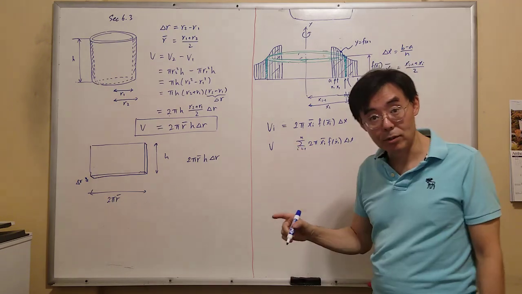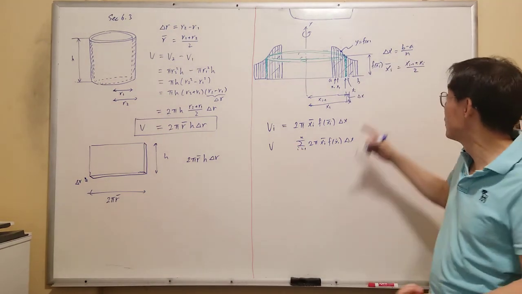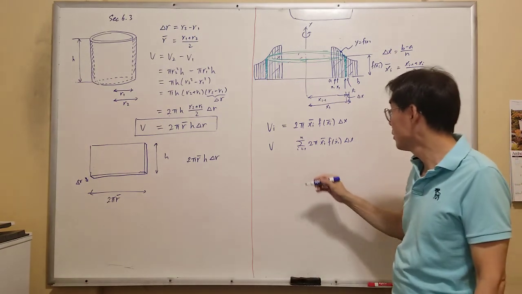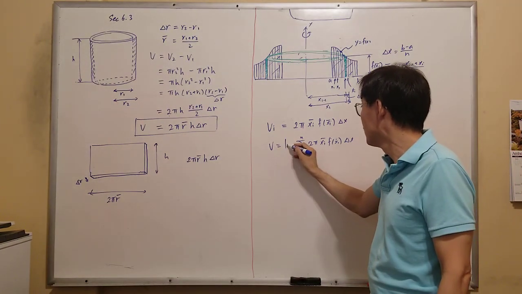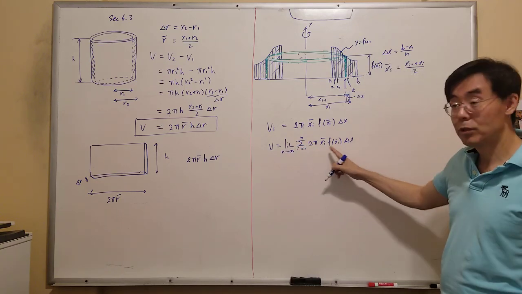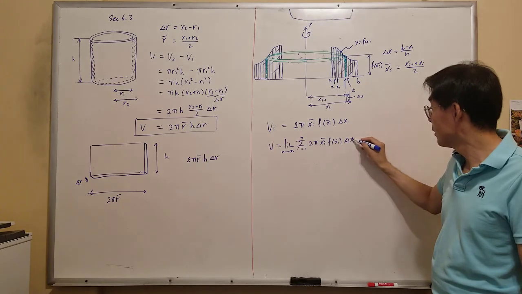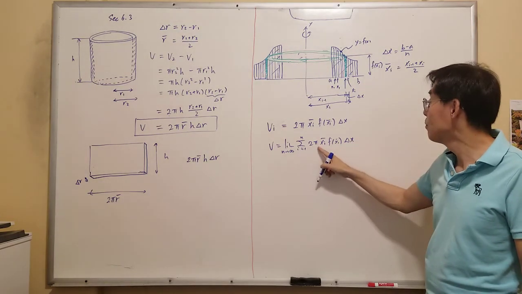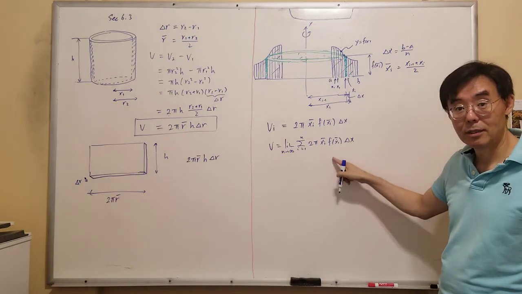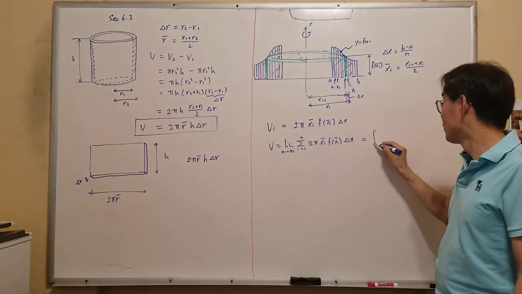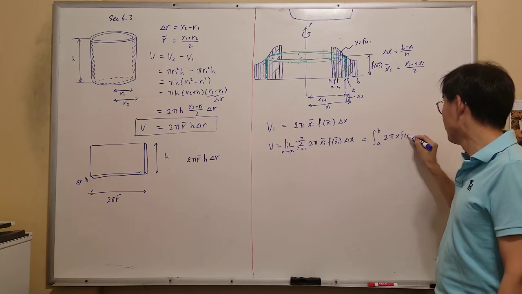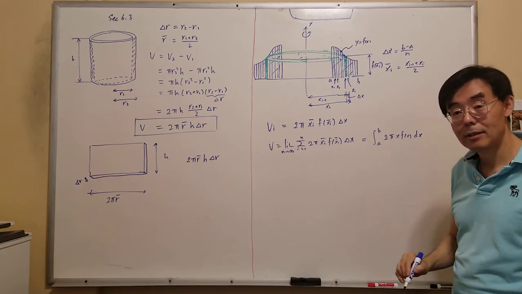This is an approximation. The smaller the delta x, the larger the n is, the better the approximation. The exact value will be the limit, if the limit exists. The limit of a Riemann sum of, not the function f, but 2 pi x f of x, right? It's a midpoint rule here. That is the integral from a to b of 2 pi x f of x dx.